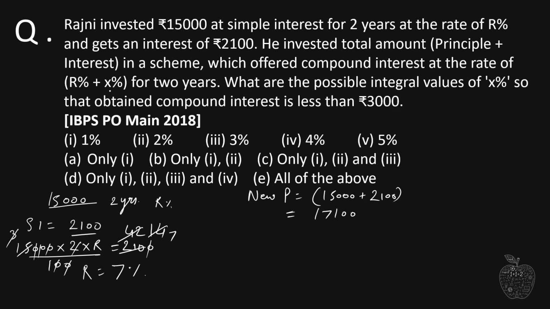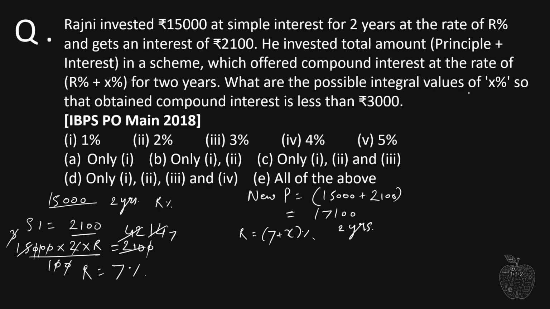Now he invested this 17,100 in a new scheme which offered him compound interest at a rate of R plus X%. And this R, we just calculated, is 7%. So the rate of interest at which he invested in compound interest is 7 plus X% for 2 years.